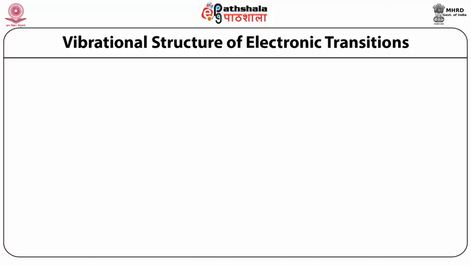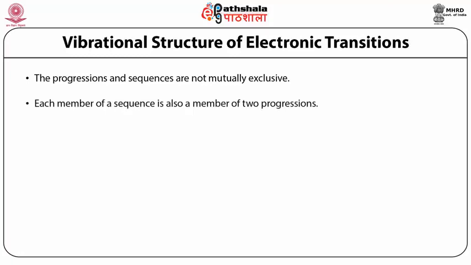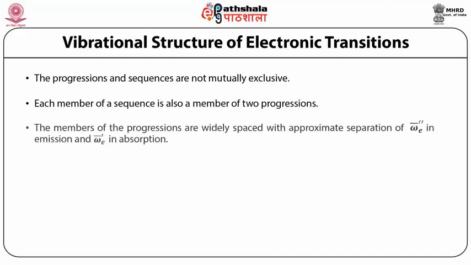The figure depicts that we get the progression and sequences, and the progressions and sequences are not mutually exclusive. Each member of a sequence is also a member of two progressions. The members of the progressions are widely spaced with approximate separation of omega e double prime in emission and omega e prime in absorption.